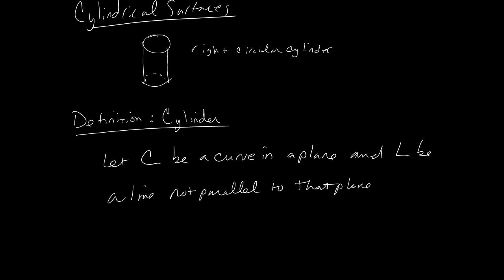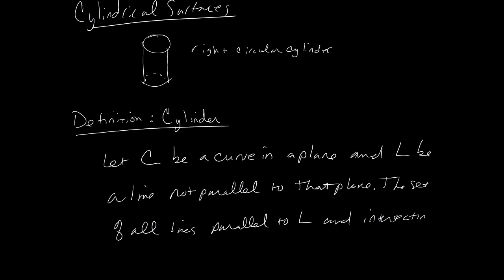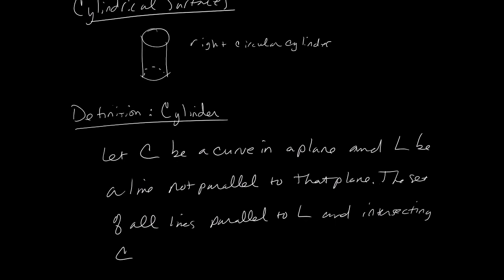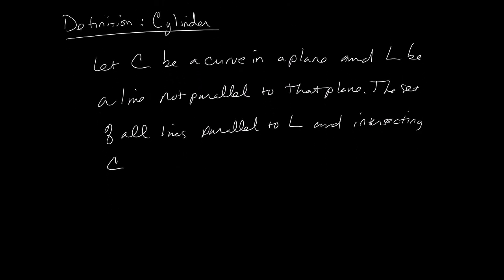The set of all lines parallel to L and intersecting curve C is a cylinder.